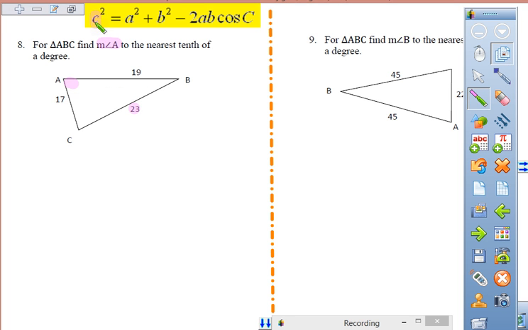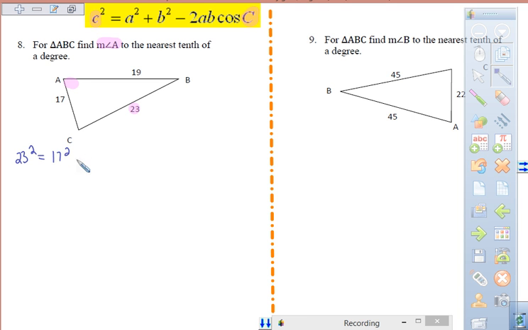So that's what's going in for c and for capital C. So I'm going to start out with 23 squared equals 17 squared plus 19 squared minus 2 times 17 times 19 times the cosine of x.